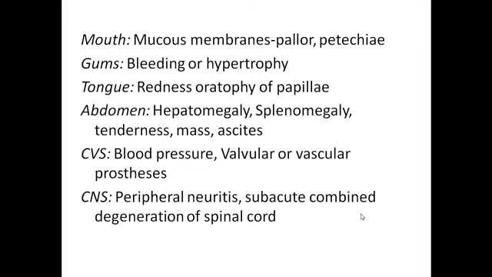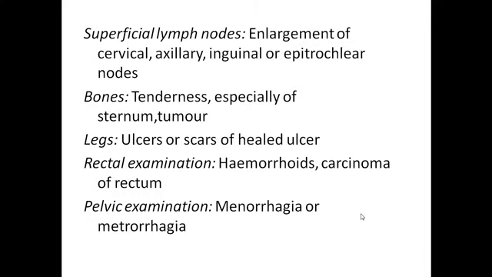Central nervous system: subacute combined degeneration of the spinal cord, which we detailed earlier. There may be walking difficulty in case of subacute combined degeneration of the spinal cord, along with other clinical findings. Superficial lymph nodes may be found in some chronic diseases like leukemia and lymphoma.